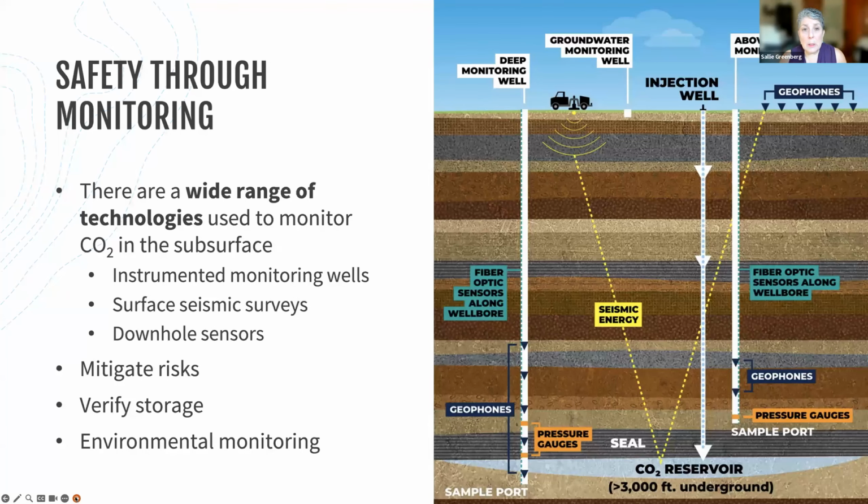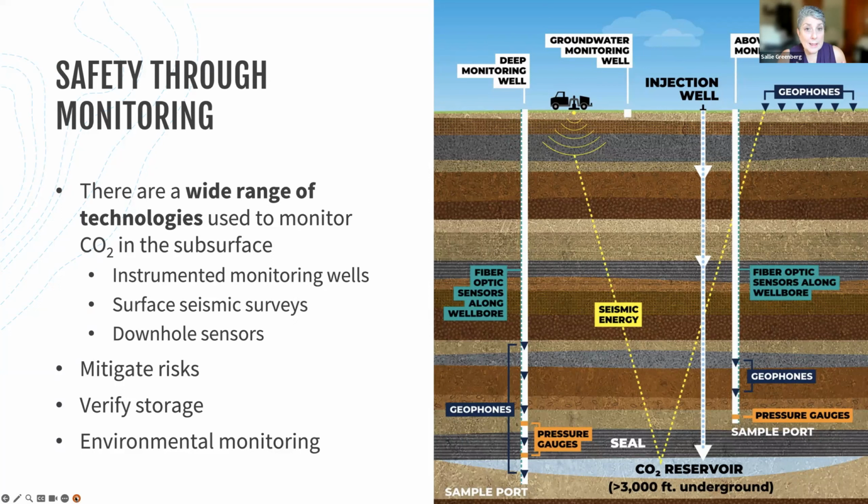The other thing that's incredibly important and vital to carbon storage is site characterization and then subsequent monitoring. So when you are determining where to store carbon dioxide, you're looking for the rock types and the rock properties that we just talked about. But you're also looking for what you know about the geologic complex that allows you to ensure and build a system that is safe for storage.